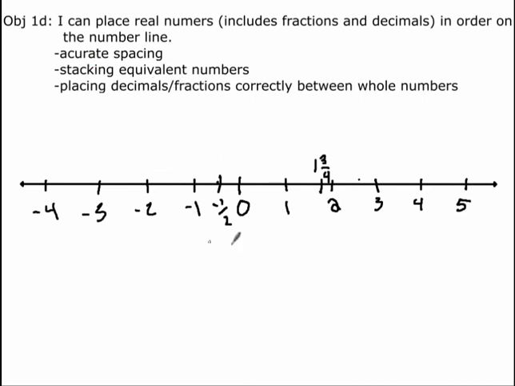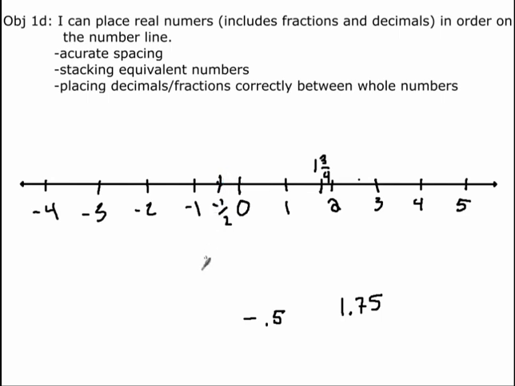Okay, and then it says stacking equivalent numbers. So let's say I needed to put 0.5 or -0.5 on this number line, and I needed to put in 1.75. What that means is any number that should occupy the same spot on the number line, I would stack them.